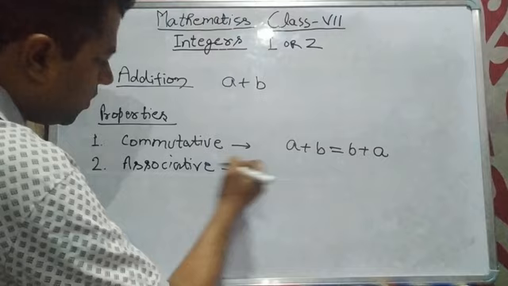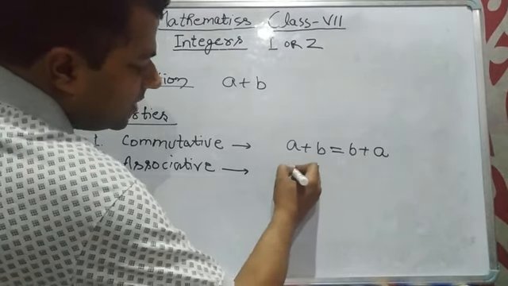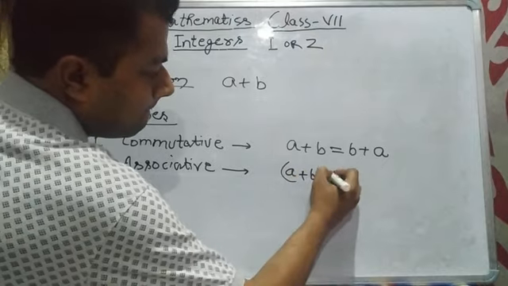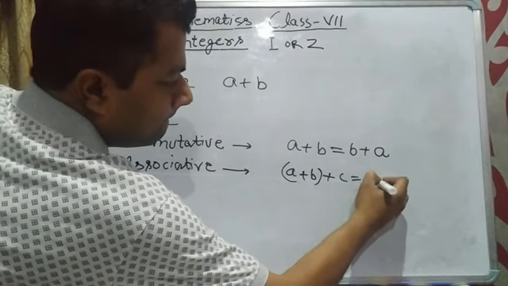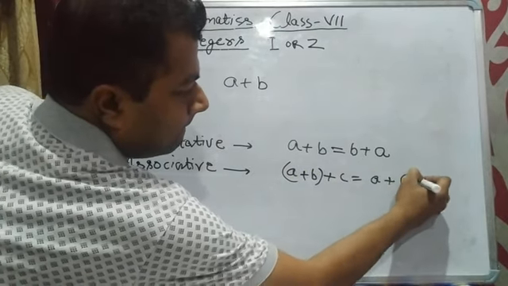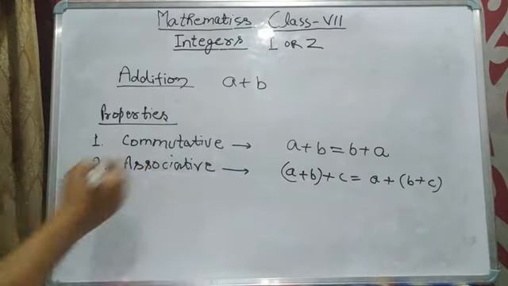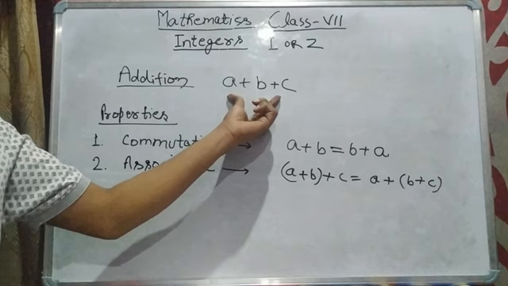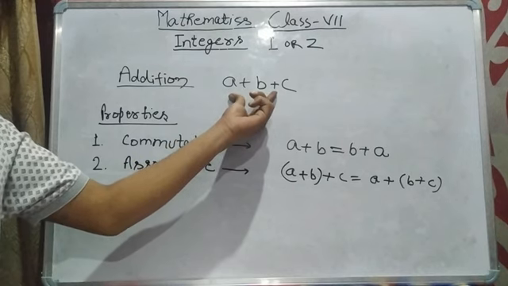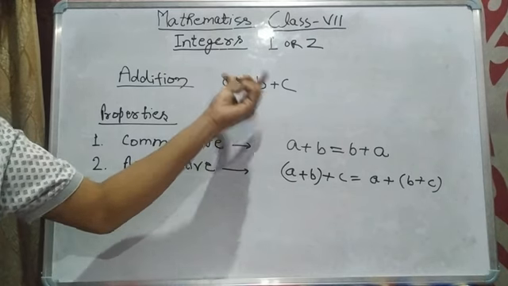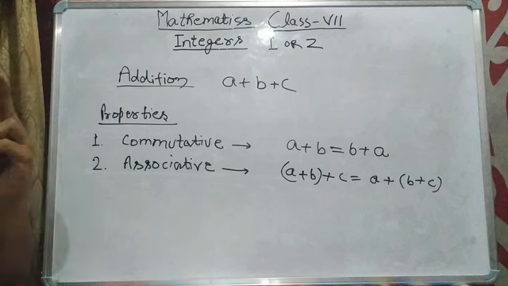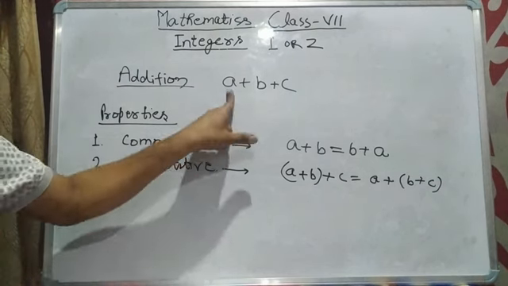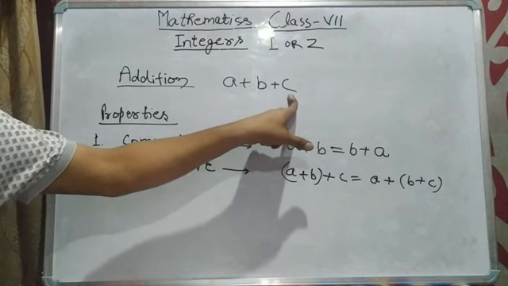For the associative property we should understand with the third variable, third number also. Three numbers we are adding, so obviously all we know, we add first any two numbers, then the sum will be added with the third number, then only we can find out these three additions.